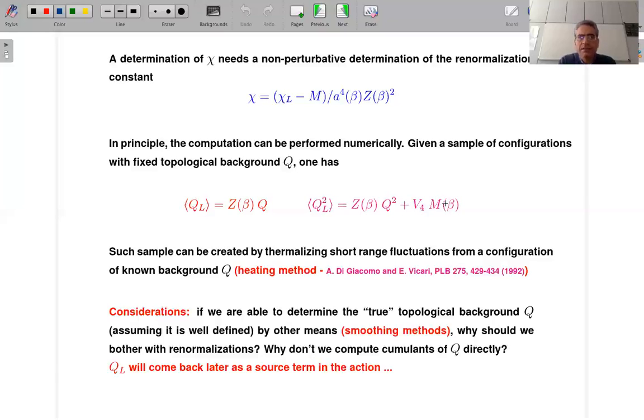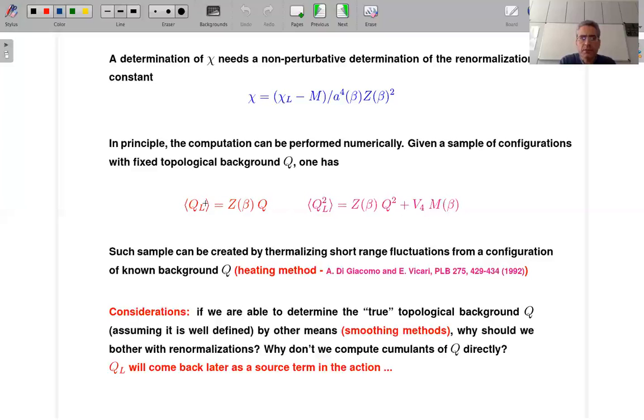I mean, this method works in some sense. I will show you later some results also obtained by this method. But the consideration is that this method relies, in any case, on some other method which defines what the true topological background Q is.